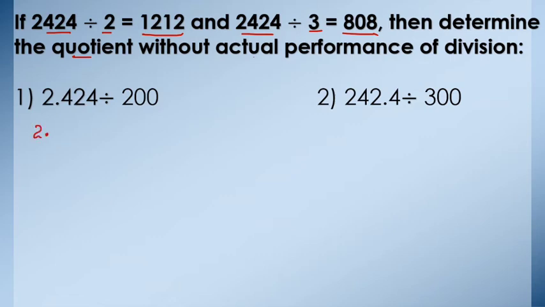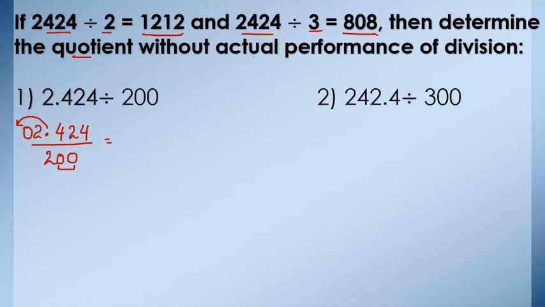So let us divide 2.424 by 200. As two zeros are there in the divisor, what do we have to do? We have to shift this decimal two places to the left, but there is only one digit to the left of the decimal. So put a 0 on the left side first and then shift this decimal to the left.